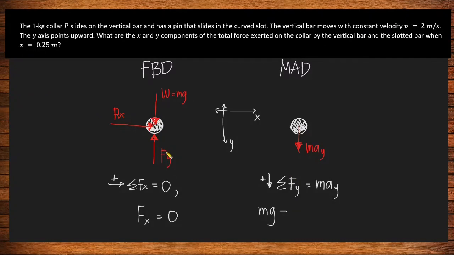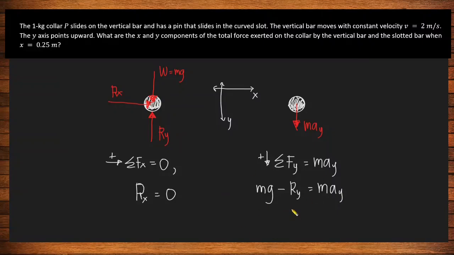Bali, gagawin natin, ilalagay na lang natin is R for our contact force. Kumbaga, reaction. Okay? So, para hindi tayo malito, kasi meron tayong Fy, Fx. So, we will differentiate our contact force by using Rx for the horizontal component and then Ry naman for its vertical component. So, now we have mg minus Ry equal to may.